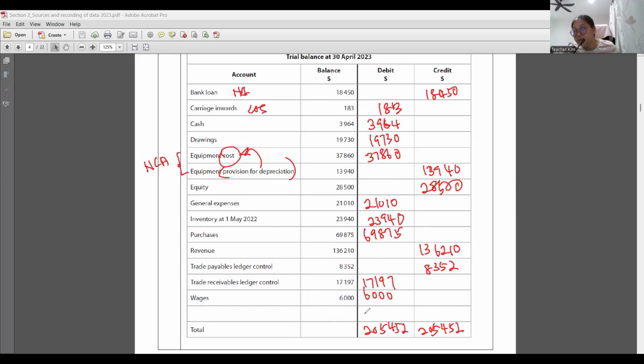And the difference is 5,693. This one we call suspense account. So when the trial balance is not balanced, we will use a suspense account to balance it off. This is a temporary account. This one you're going to learn in section 3.